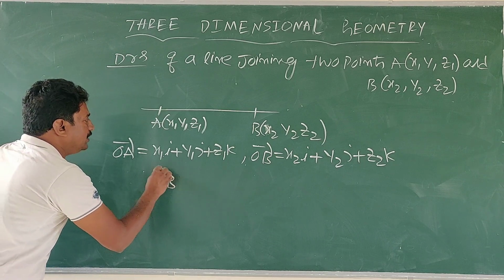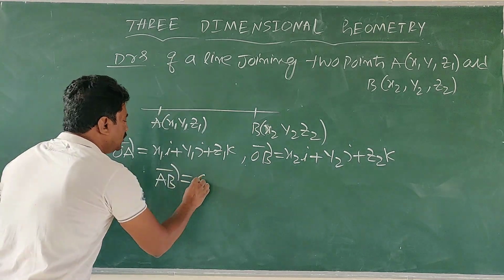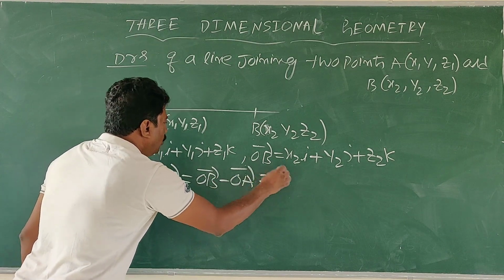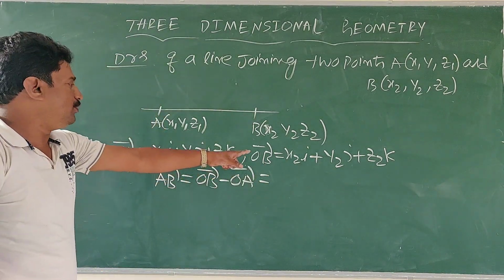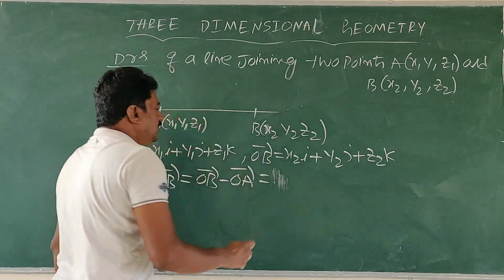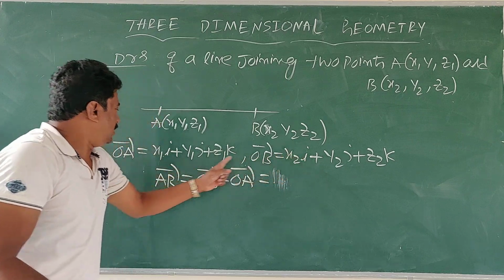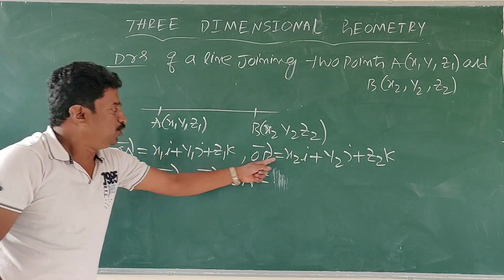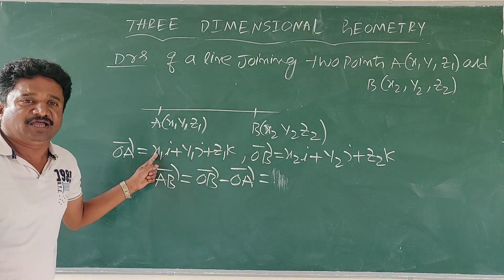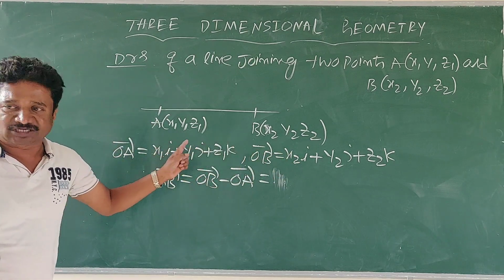Vector AB is OB minus OA. Tell me OB, students. I write directly x2 i minus x1 i.